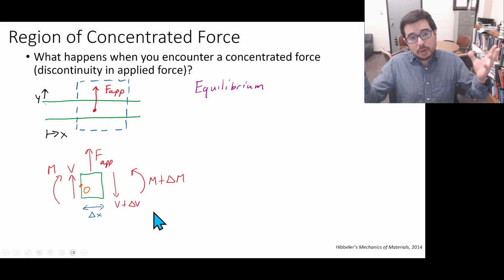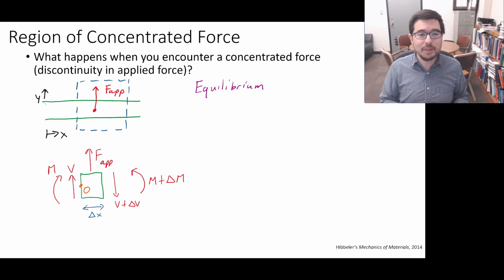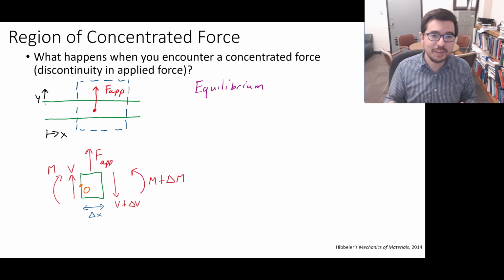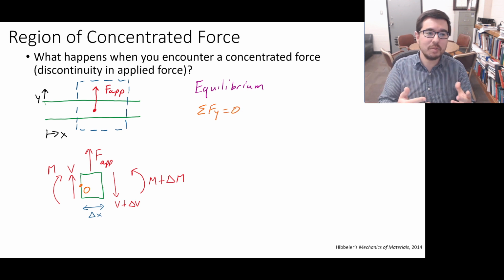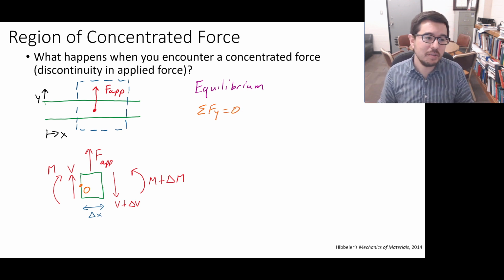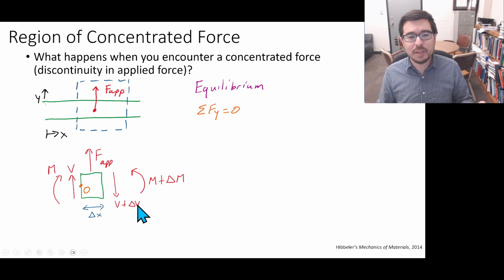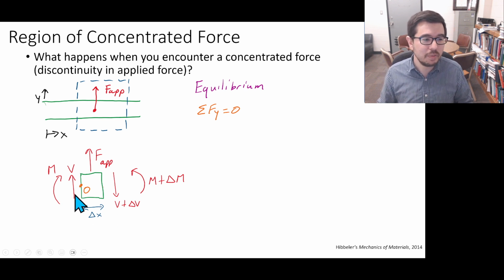So what do we do? We once again apply Newton's second law, and we look at the forces in the vertical direction and set them equal to 0. When we do that, what do we have? We have a V, and we have a V plus delta V, and we also have an F app. We don't need to worry about the bending moments.